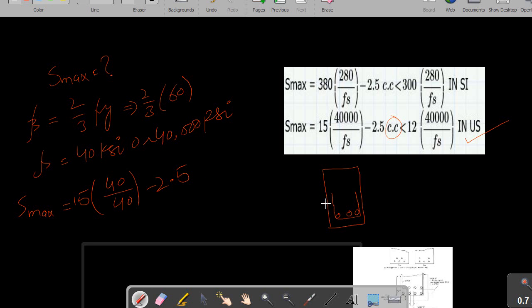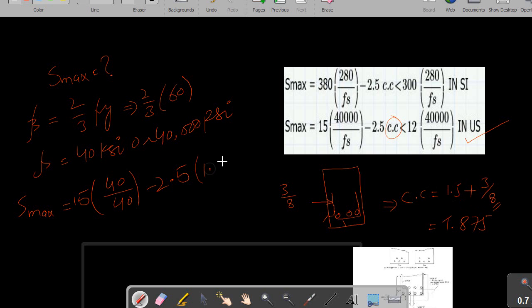This is assumed to be 3/8. So this Cc is the minimum cover, either from the bottom or from the side. Here we will assume the same bottom and side cover, and this cover can be determined by 1.5 plus 3/8, which comes out to be 1.875.